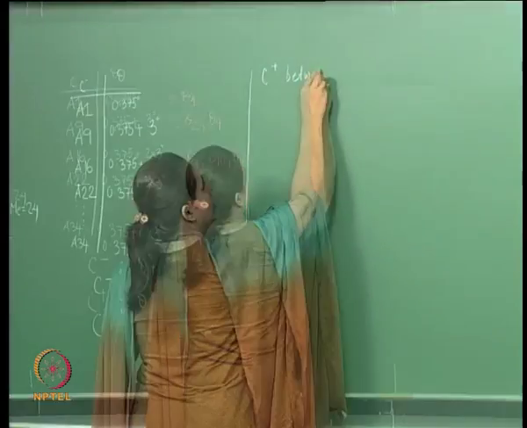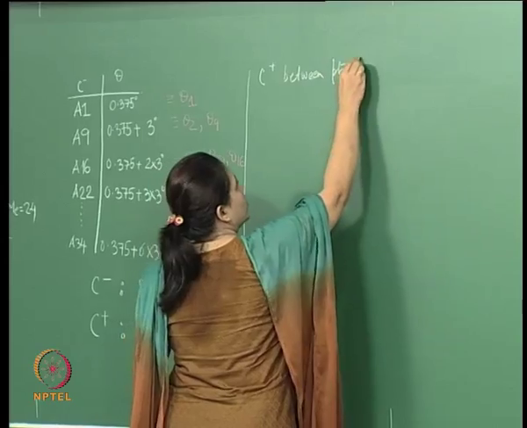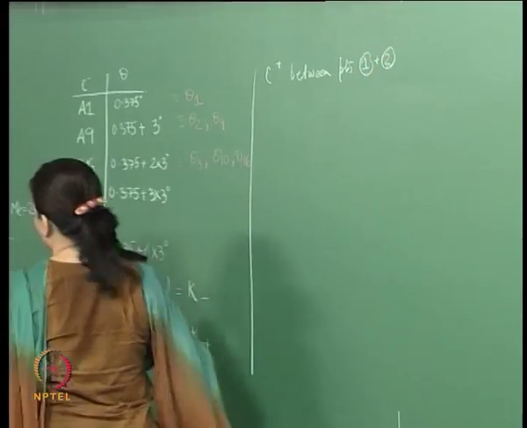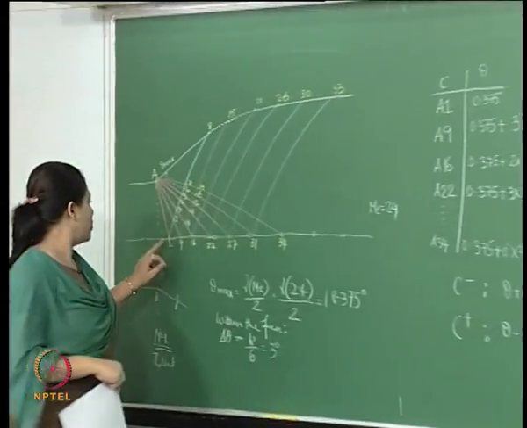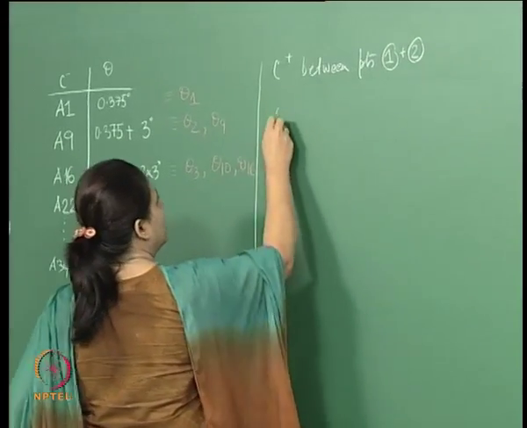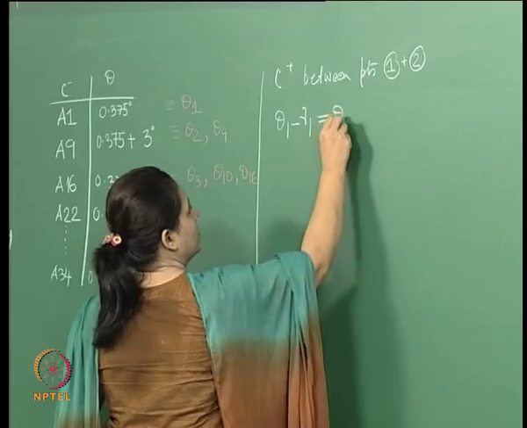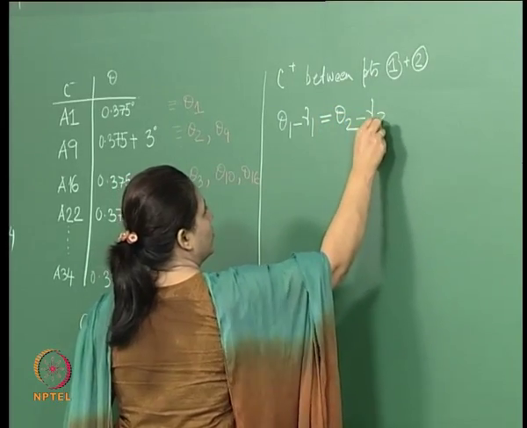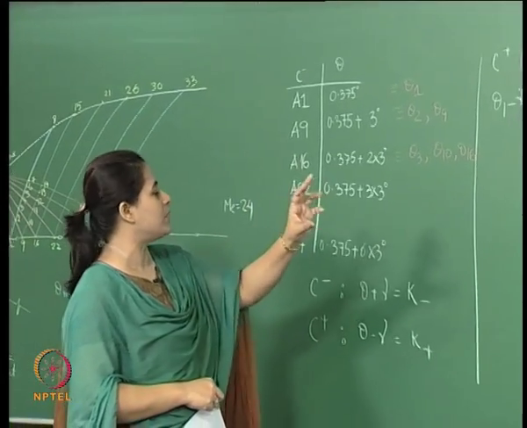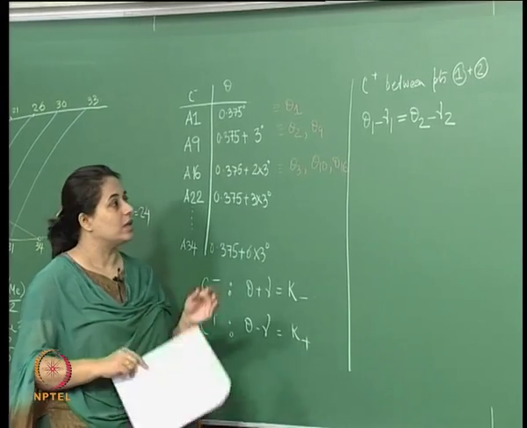Between points 1 and 2, what we get here is my compatibility equation, because on this C plus characteristic, theta minus mu is a constant.